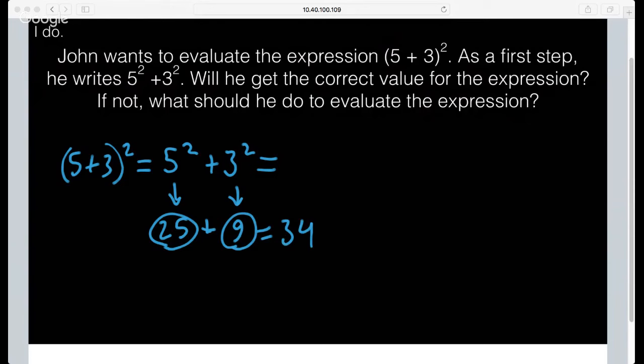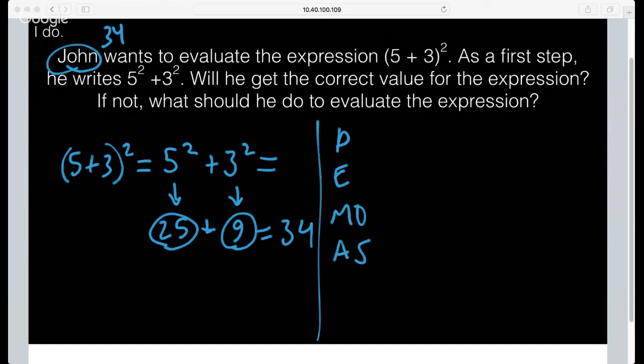So we get 34, okay? So we know that John got 34. Now we're going to solve this using what we know to be correct, and we're going to see if we get the same thing. So parentheses first. In this case, parentheses first is doing this, not doing the exponents.